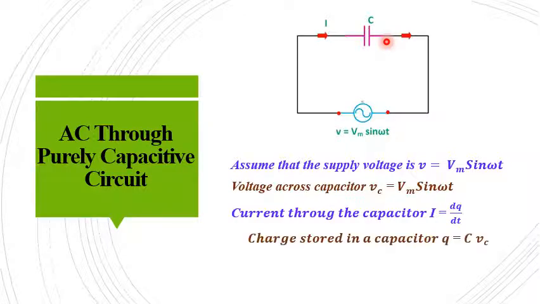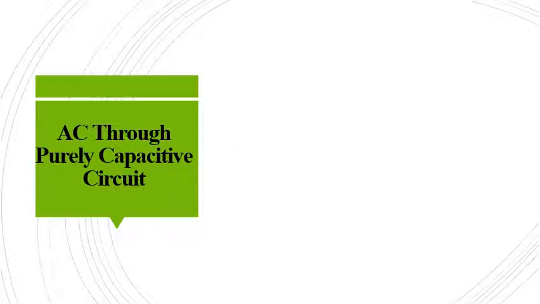In the case of a capacitor, the charge stored q is equal to C into V, where V is the voltage across the capacitor, that is C into Vc. Substituting for Vc, which is Vm sin omega t, we get the charge stored on a capacitor q equal to C Vm sin omega t.